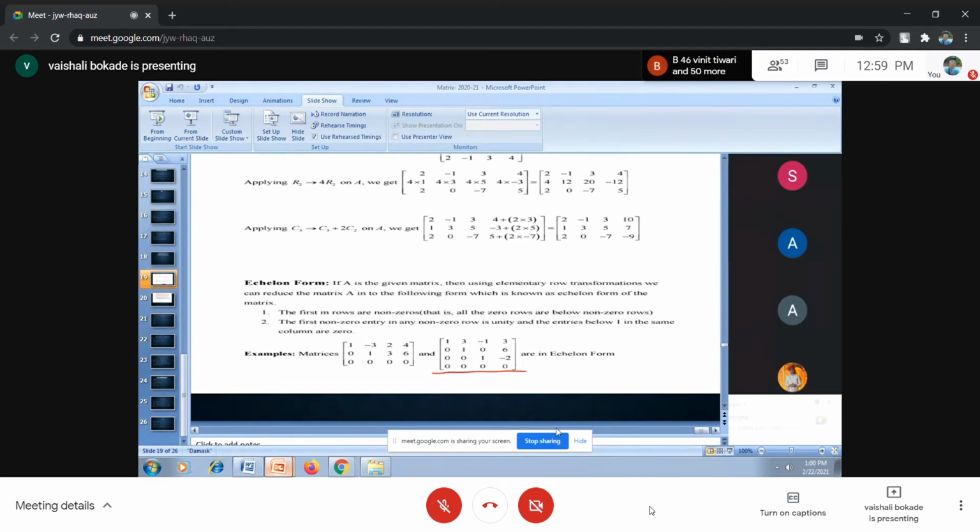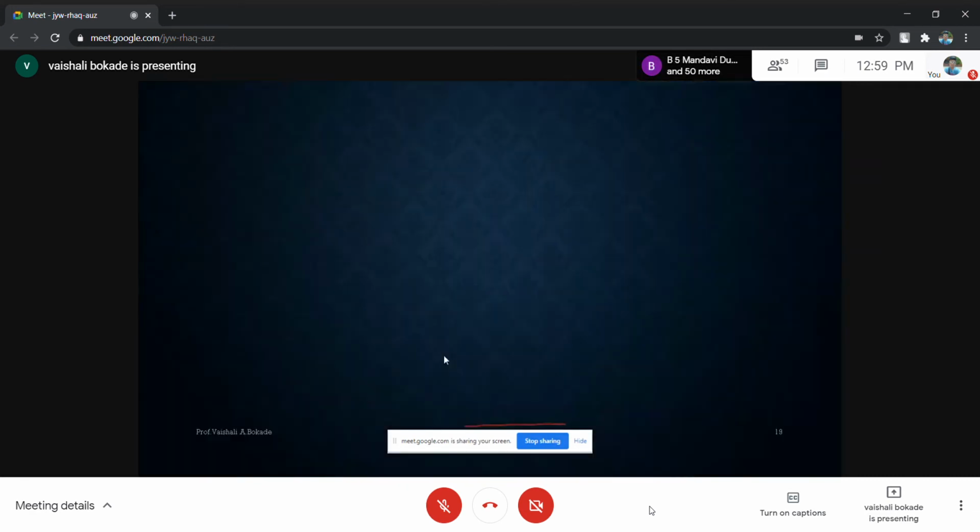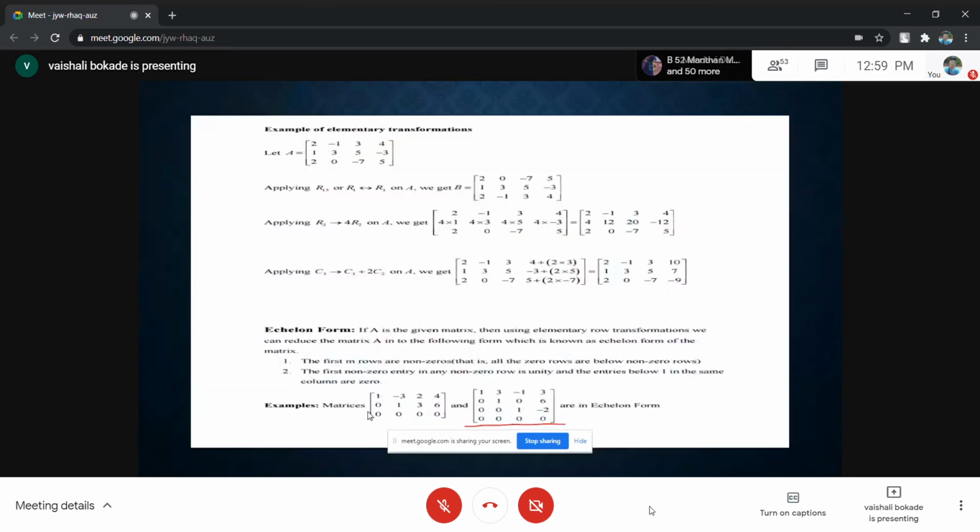Now I'm going to concentrate first on this matrix, which I mention as matrix A. In this matrix A, I have two non-zero rows, R1 and R2.